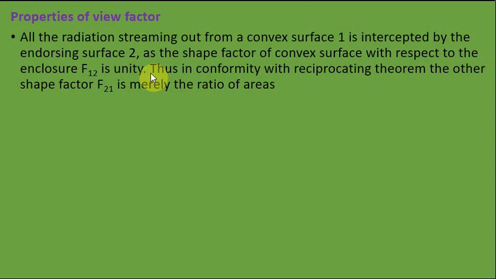That means you consider the example of a small sphere which is enclosed by a bigger hollow sphere. The small sphere is the emitter and the enclosure is the absorber. So, all the radiation emitted by the small sphere will be absorbed by the enclosure. That means the view factor of the small body with respect to the large enclosure, F12, will be unity.